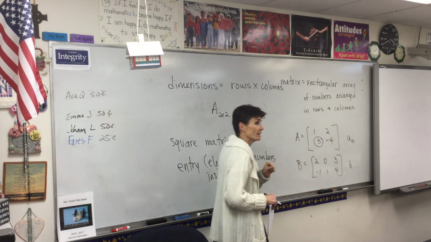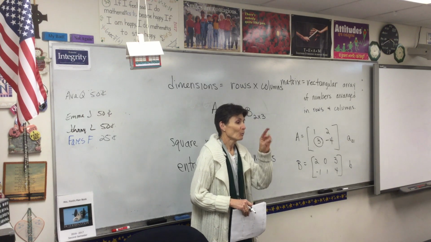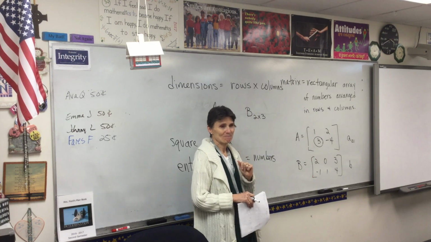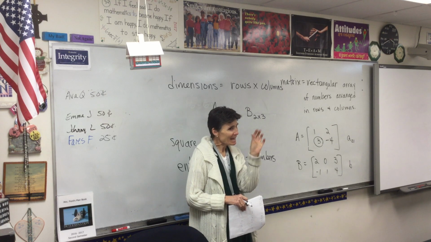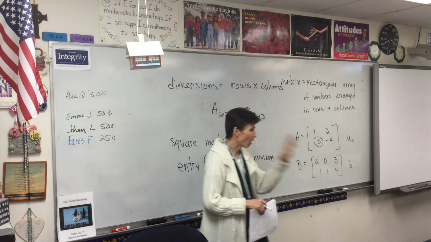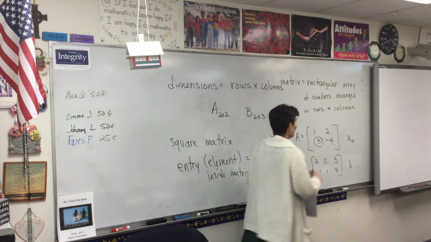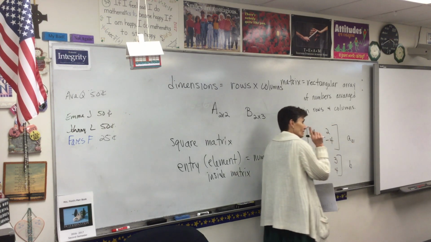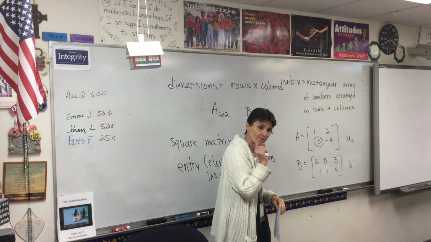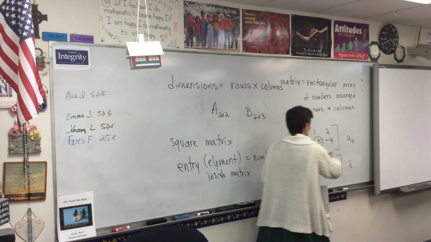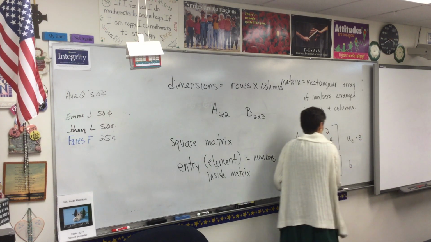That 2-1 stands for row 2, first column. Remember, when I identify things, it's always RC, row column. So when I put a 2-1 here, I mean look in the second row and the first column, and that would be that number 3.